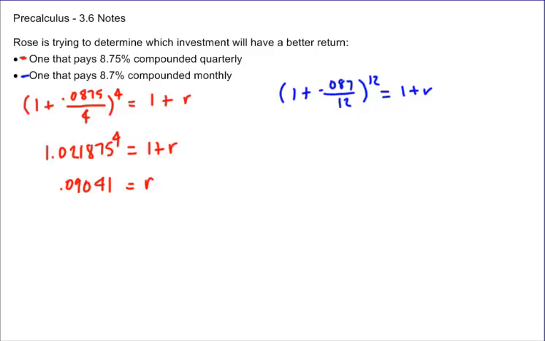And then when we work the same problem now in blue, you have 1.00725 to the 12th power equals 1 plus r. And then do that math and subtract 1.